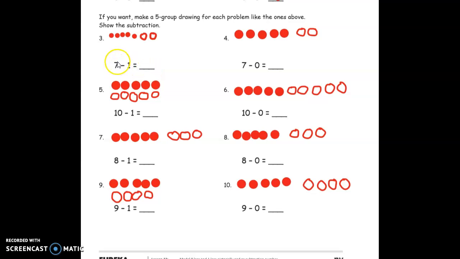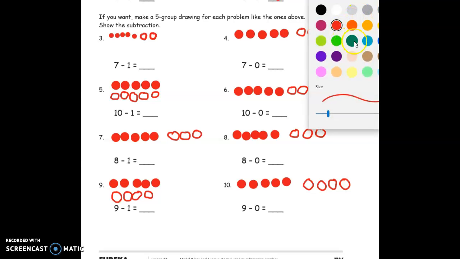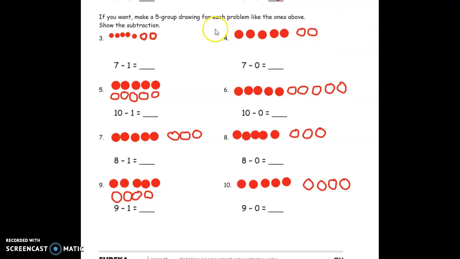Number 3, 7 subtract 1. Here's my 5, 6, 7. We need to subtract 1. Cross off 1. How many do we have now? 5, 6.